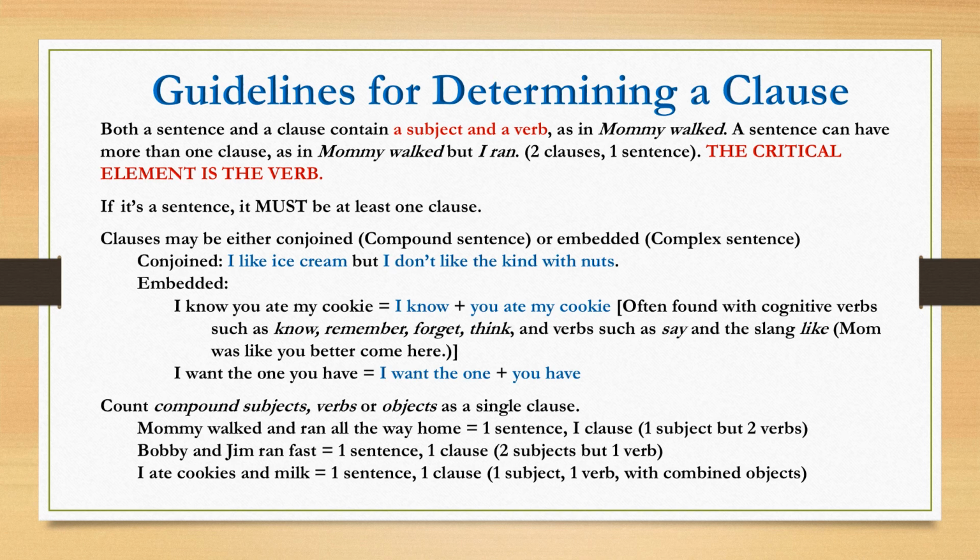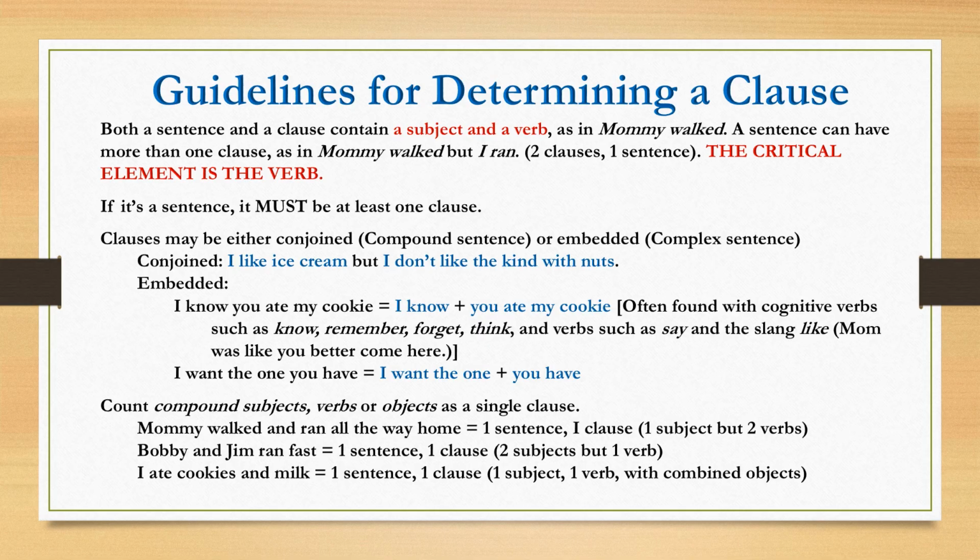In the last example, highlighted in blue, we have "I want the one you have," or "I want" and "you have," two subject-verb pairs. Thus, we have two clauses. The same method can be used with the other examples.